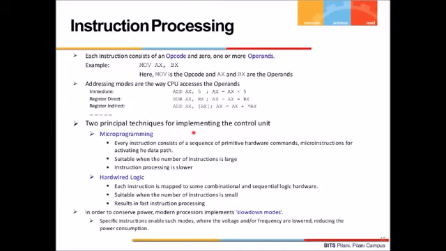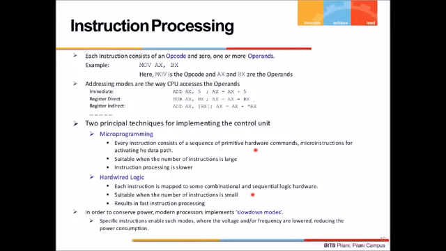The other way of doing it is hardware logic. Here each instruction is mapped to some combinational and sequential logic hardware, meaning each instruction maps to a direct hardware implementation. In microprogramming it was mapping to some microcode, which was again mapping to some hardware.